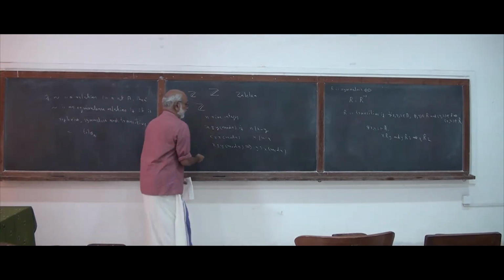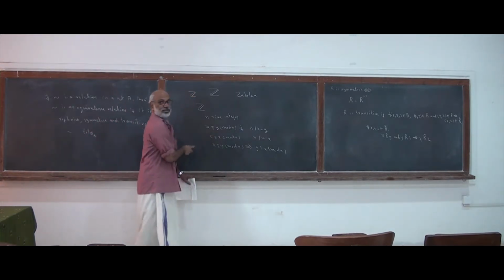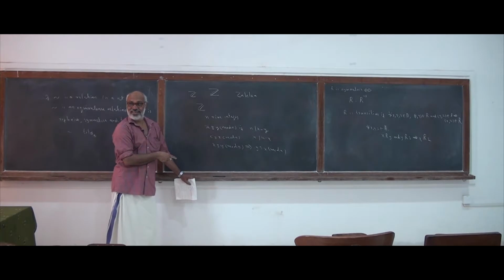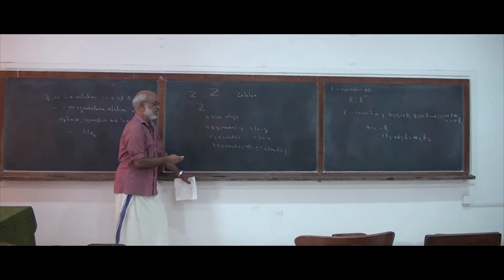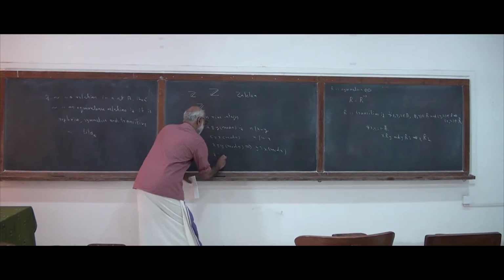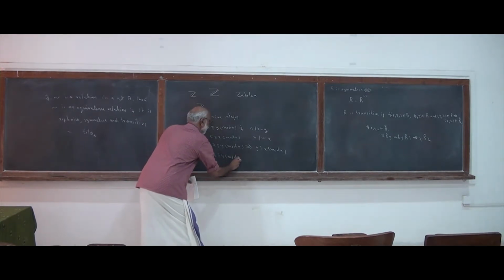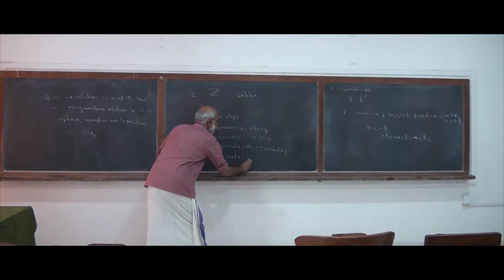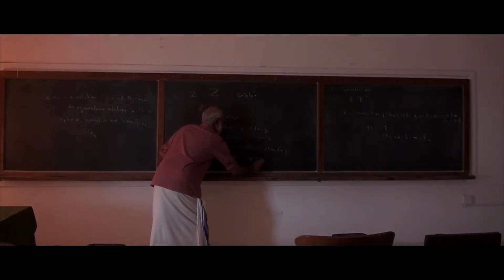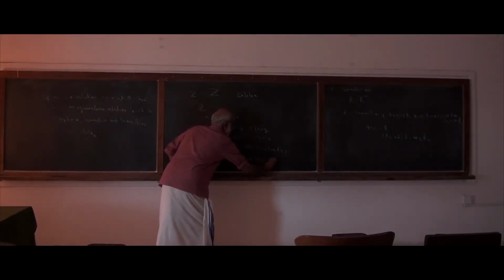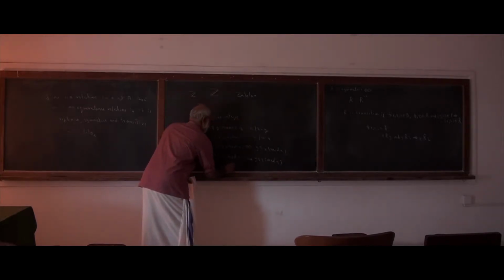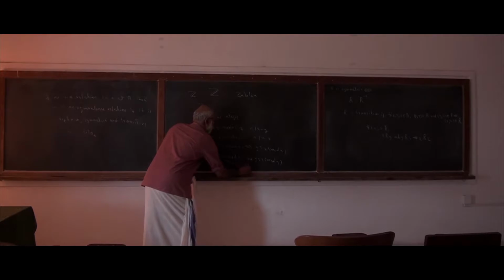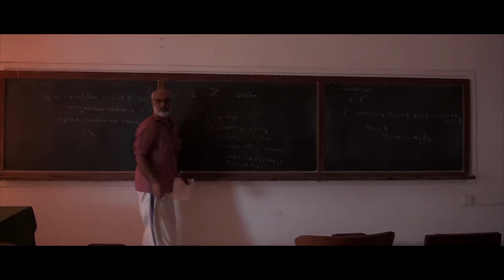So this relation is reflexive, and also symmetric. It is also transitive. x congruent to y mod n and y congruent to z mod n implies x congruent to z mod n.